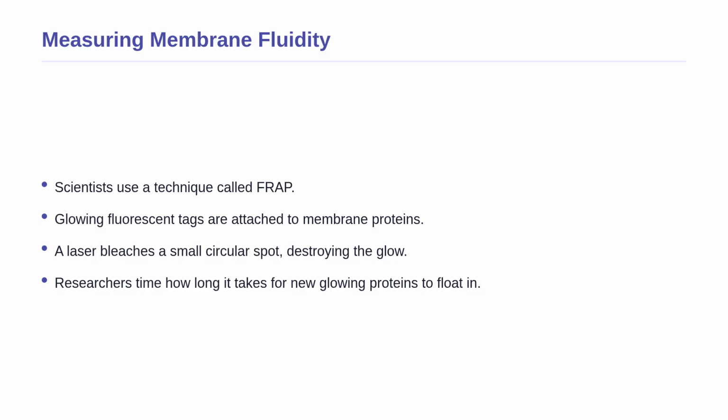Then, they blast a small, specific area with a laser to destroy the glow, creating a dark, bleached spot. Finally, they time how long it takes for new, unbleached glowing proteins to float into the dark spot from the surrounding area. By measuring this recovery time, we can calculate exactly how fast the molecules are swimming through the lipid sea.